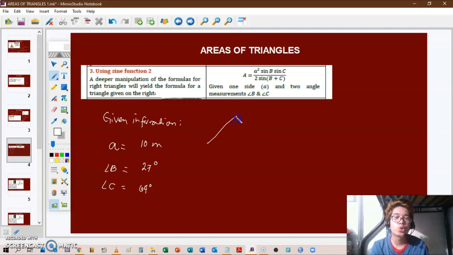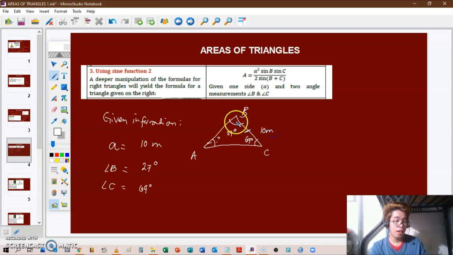So let's try to draw triangle ABC here. We have here angle B is 27 degrees, angle C is 64 degrees, and we have here an angle that we don't know. But we have here a side measurement that we do know, which is 10 meters.